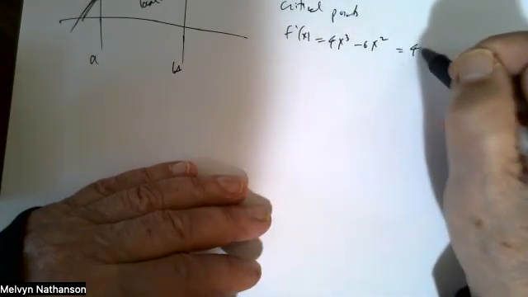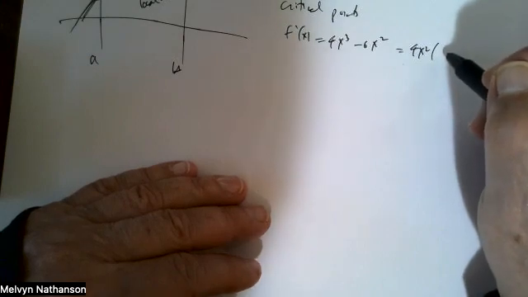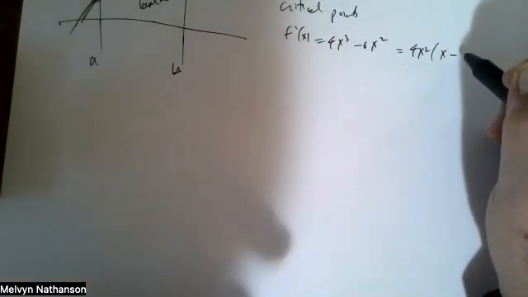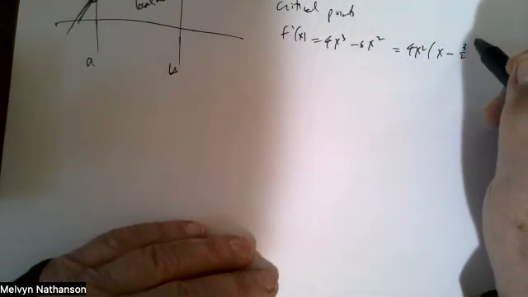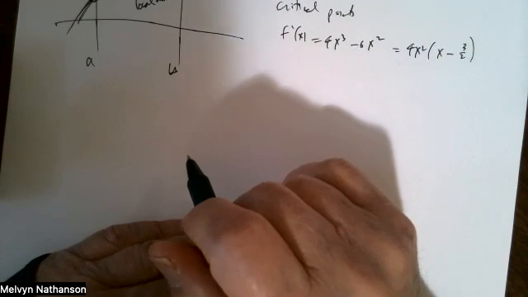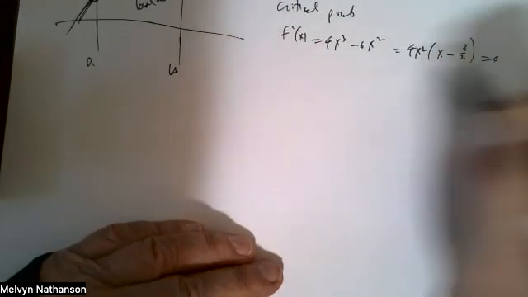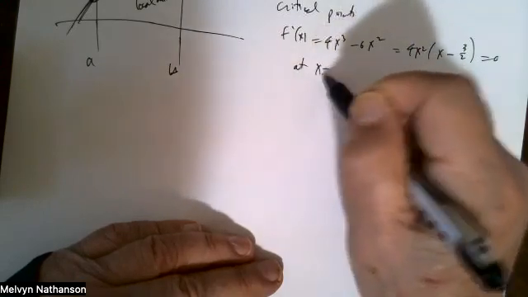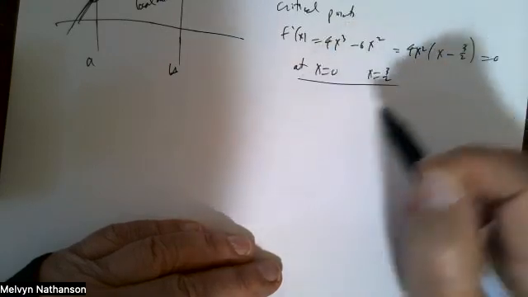So I can factor out a 4x squared, and I get 4x squared times x minus 6 over 4, or 3/2. So the critical points, this equals 0 at x equals 0 and x equals 3/2.